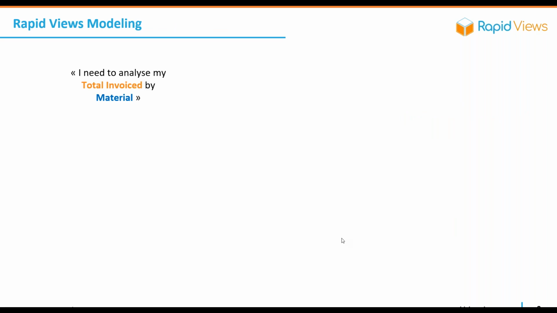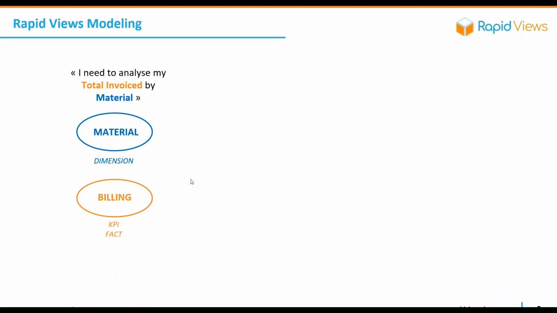We talk about analytics, right? Let's say you want to build a report and you want to bring back your total invoice per material. Well, you need to be able to access a dimension called material, and you need to access a KPI, the billing KPI, that comes from a fact table.